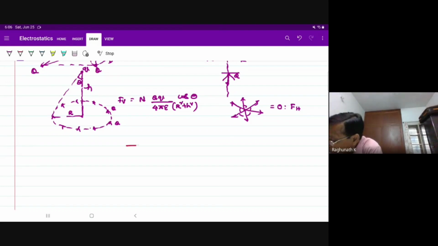Now listen. When I say the resultant of a number of forces, please concentrate. If there are two forces, we can calculate the resultant of these two forces using the parallelogram law of vectors.